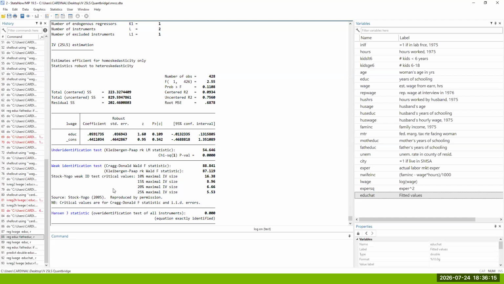Unlike the two-stage procedure, which is the standard one that we know, there's also one that is called the control function approach. The control function approach works slightly different from the standard 2SLS.